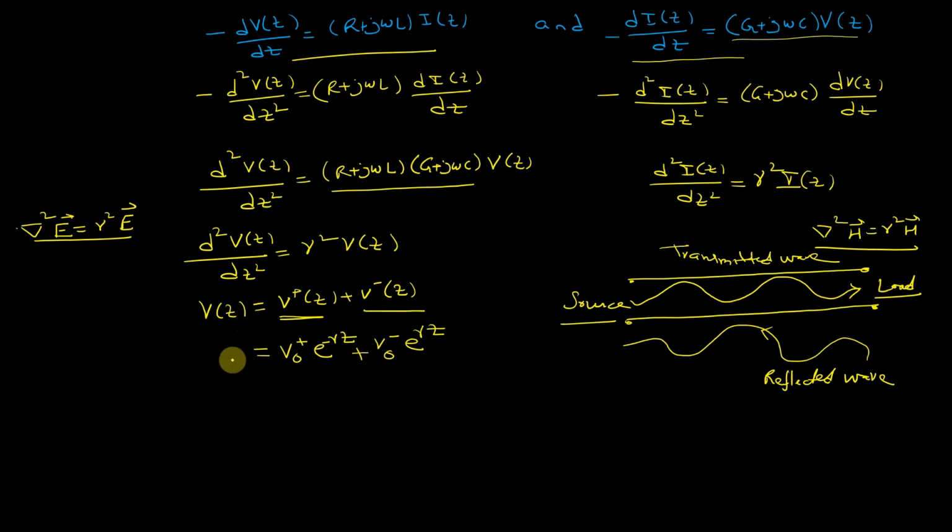So similarly we can write the current as I naught plus e raised to power minus gamma z plus I naught minus e raised to power gamma z.